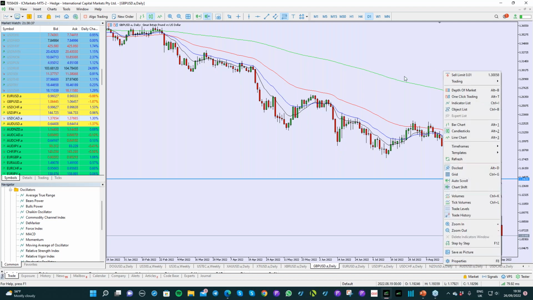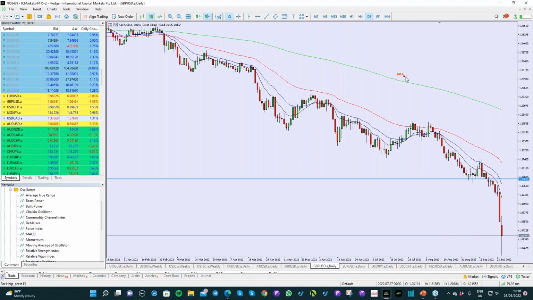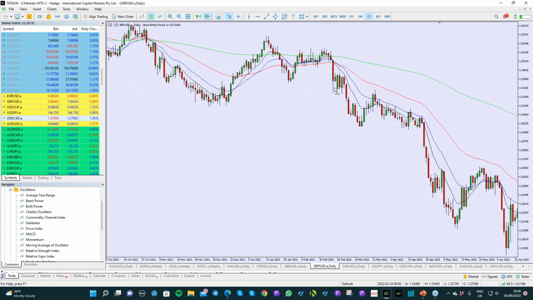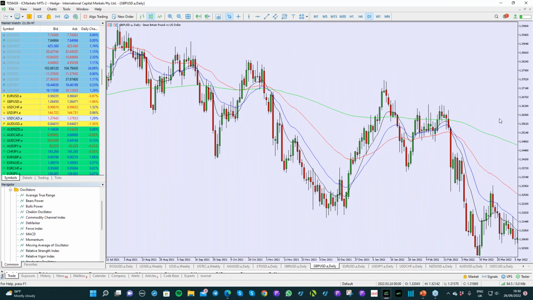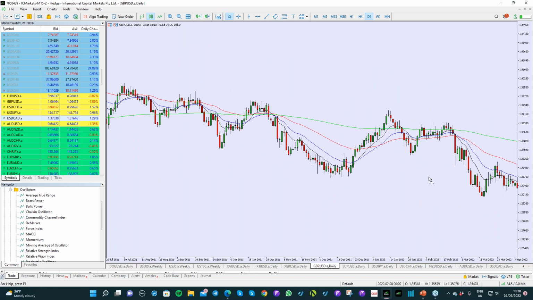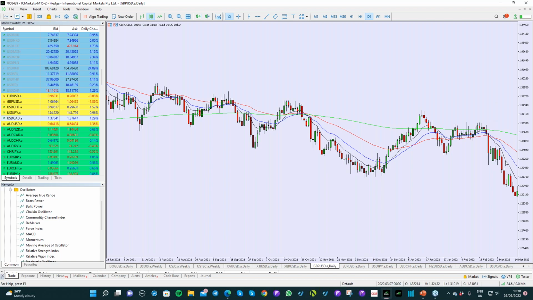So let's just say that we were looking at the chart at this point here. So let's pretend that this point here is the current price action. How would I use Fibonacci? Well, I would go from the most recent high to the lowest point that I have on my chart, which is there. And that would draw my Fibonacci levels in.